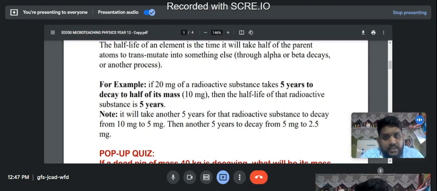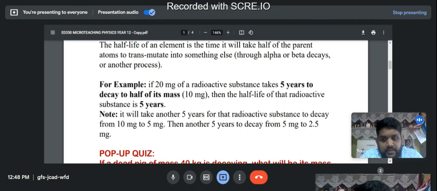You will see that the initial mass was 20 milligrams, and after one half-life it came to 10 milligrams, and the half-life is 5 years. Putting that in my own words: 20 milligrams was my initial mass. After 5 years, 10 milligrams will remain. After another 5 years, 5 milligrams will remain.